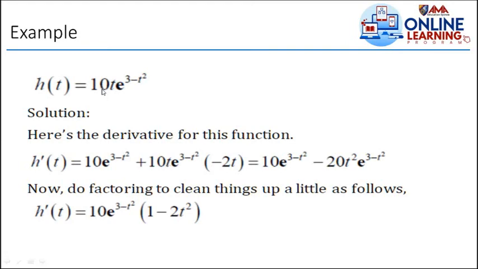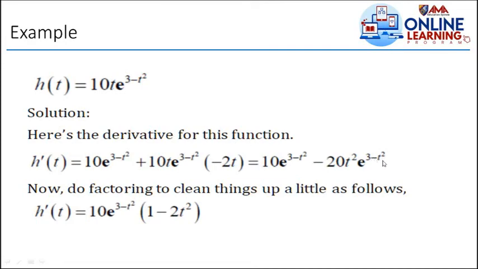V du is 10e to the 3 minus t squared. So this is what we take the derivative of, the e raised to 3 minus t squared. The derivative of t squared is negative 2t. So we have 10e to the 3 minus t squared minus 20 t squared e raised to 3 minus t squared.